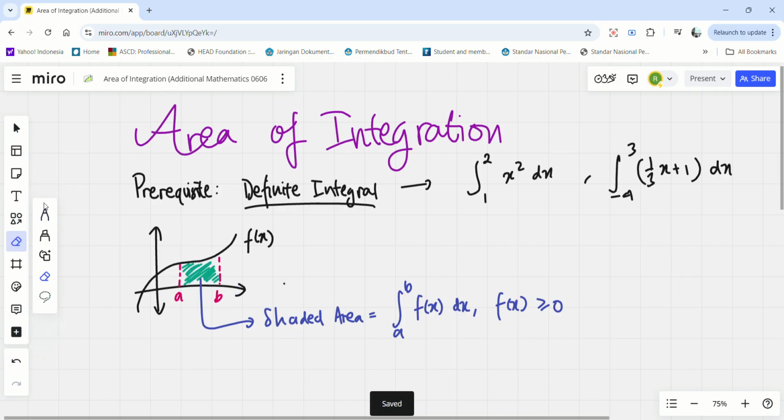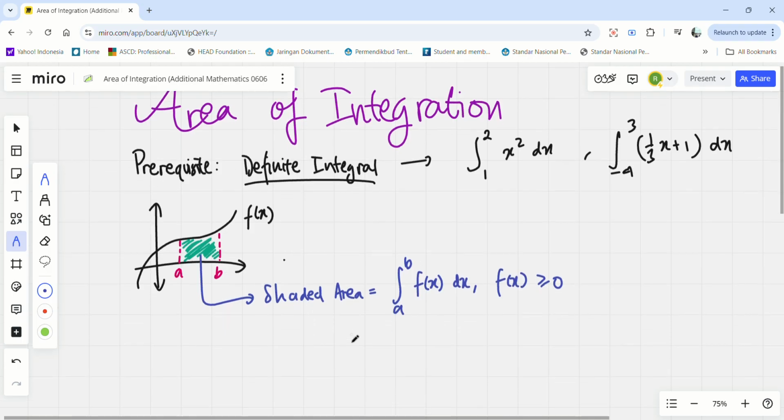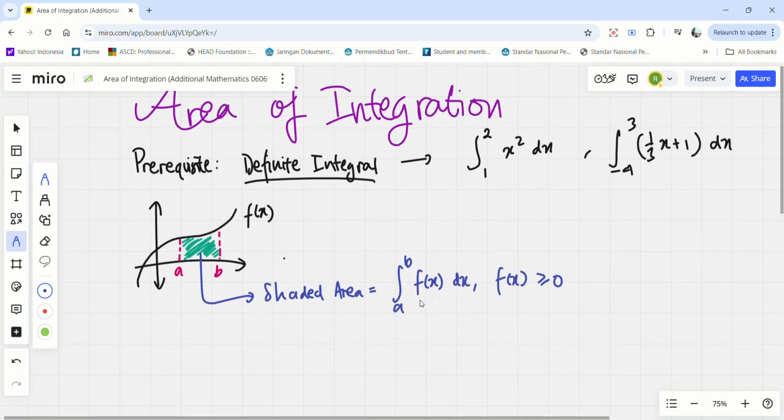We can say the shaded area, the green one, is the integral from a to b of f(x) dx, given that f(x) must be at least 0, or non-negative.